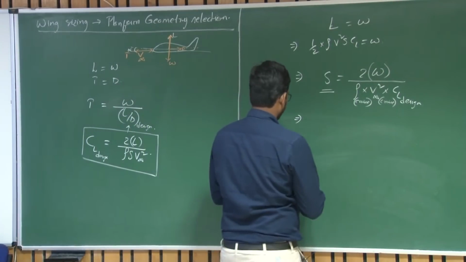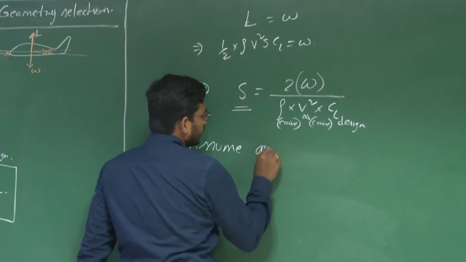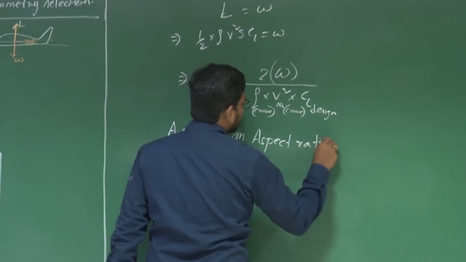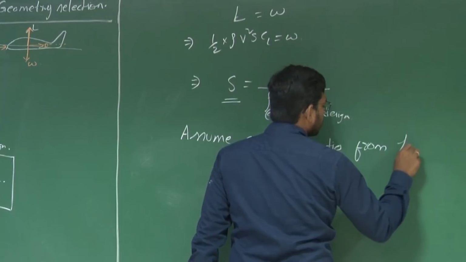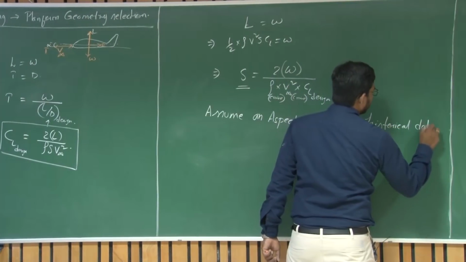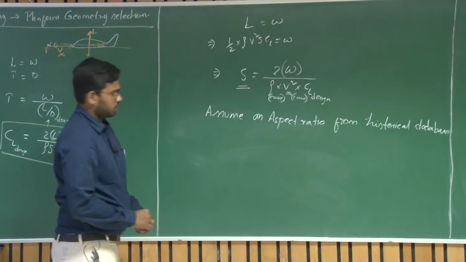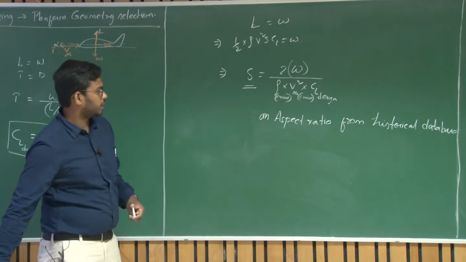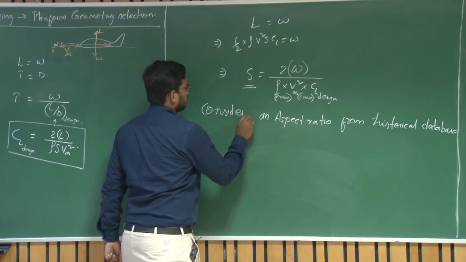So assume an aspect ratio from a historical database. So what is this assumption? Or you can say consider an aspect ratio. So how to consider?